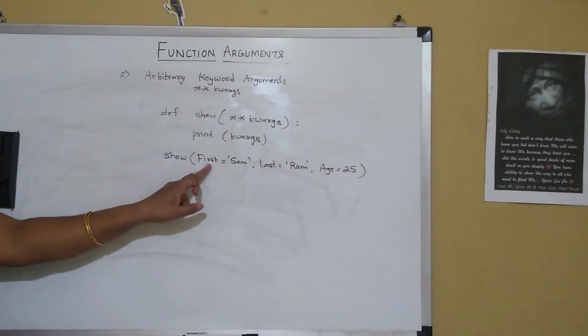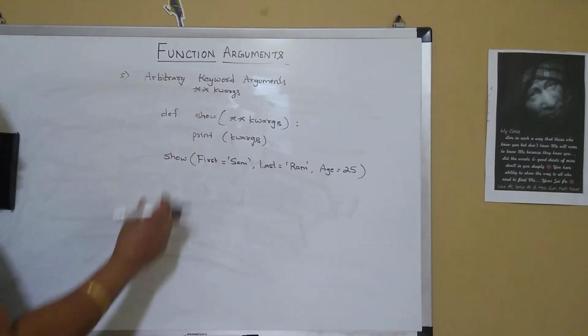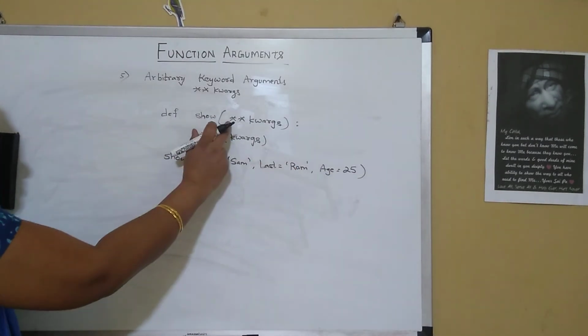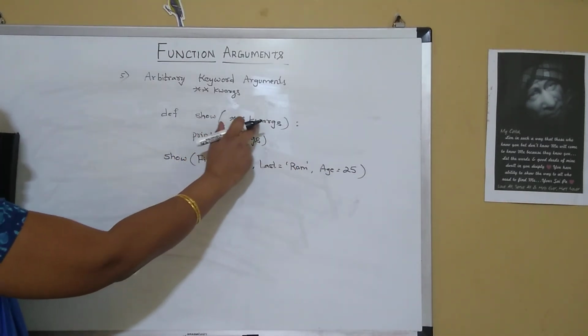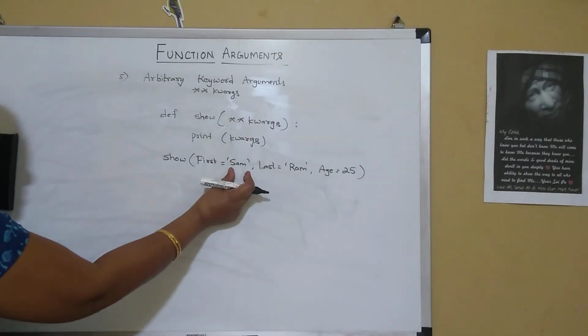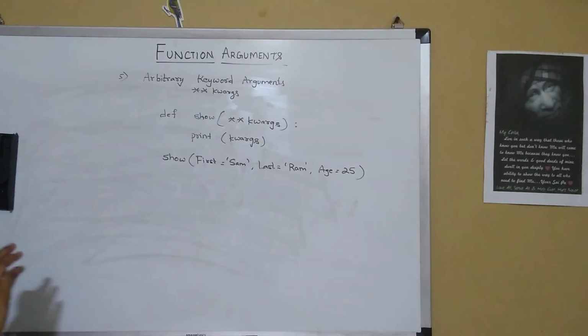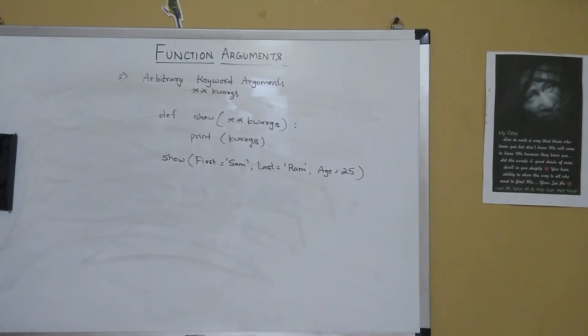So I am passing keyword and the value. Keyword, value, keyword and the value. So when we pass keywords, we have to prefix 2 stars and then the name of the argument. If we pass only values without keywords, then we have to say star ARGS, only a single star.